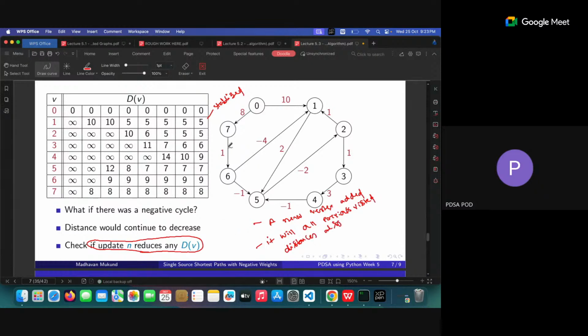So every time you will get new values. Once a new vertex is found, again we try to traverse from 0, and you will find any optimized way, any updates done so far. Due to this new vertex being added, this distance may be reduced via this one or via this one. That is what Bellman-Ford is doing. So this is the complete picture of Bellman-Ford.